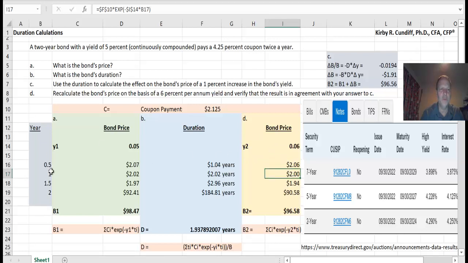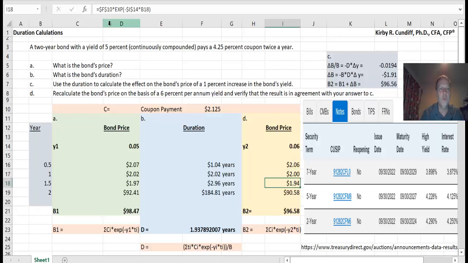The second coupon is discounted at a year, so we get 2.125 exponent of minus 0.06 times 1 gives us $2, again slightly less than this because we're discounting at a slightly higher interest rate.